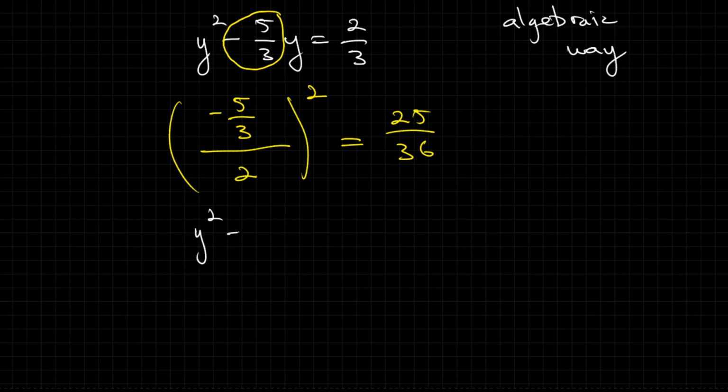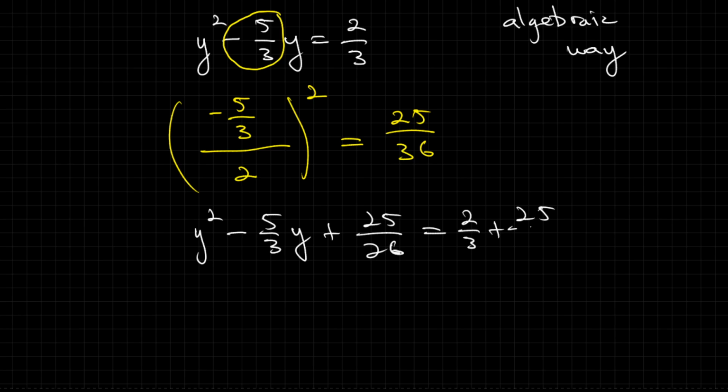So this would be y squared minus 5/3 y plus 25 over 36 equals 2/3 plus 25 over 36. And of course, we did this computation earlier, that's 49 over 36, and somehow I managed to change my 36 to a 26. Let's go ahead and revert that. There we go, this looks better.